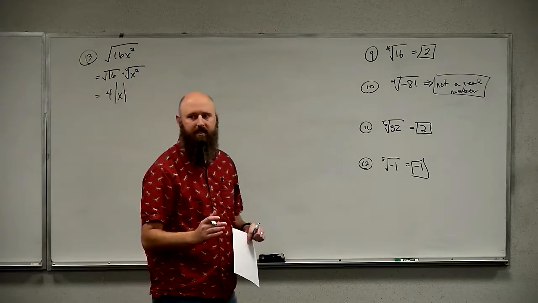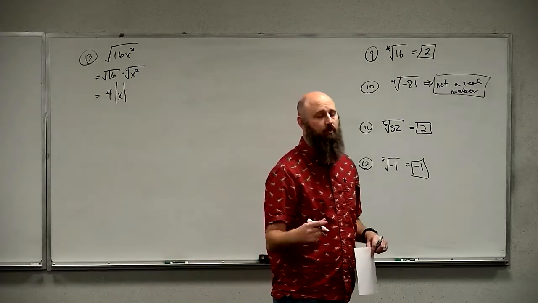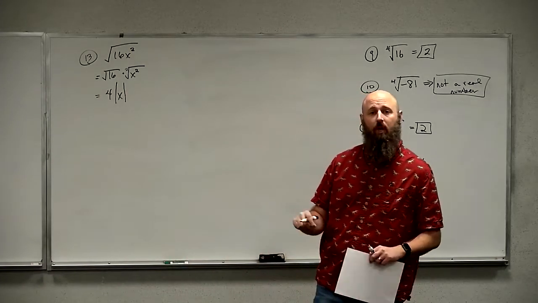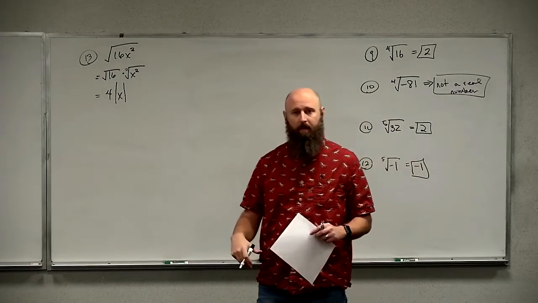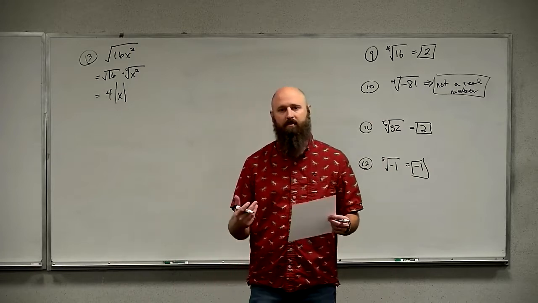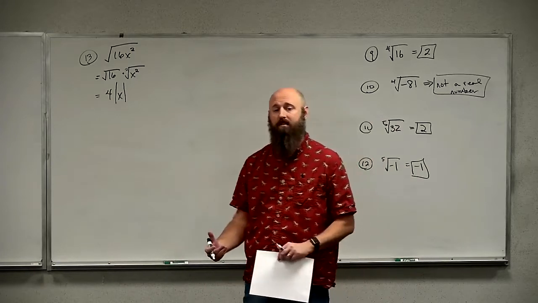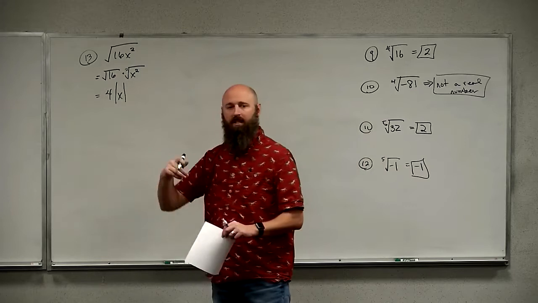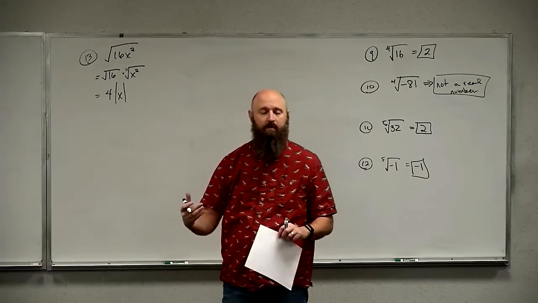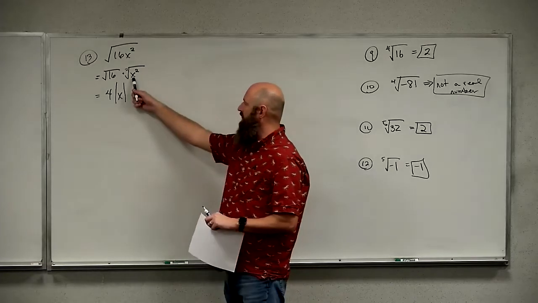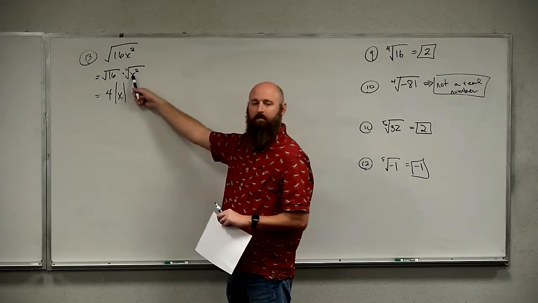Now, the reason why it needs to be an absolute value is because we don't know what x is right now. We don't know if it's positive or negative. So if it were negative, if I were just to put x there, then it comes out as a negative number. But we've already said for even roots that we cannot get a negative out. Now, the reason why it wouldn't be negative here is this square is going to make it positive.